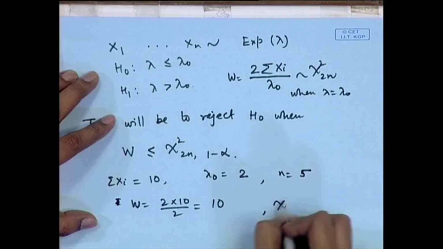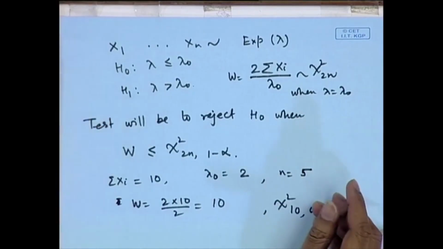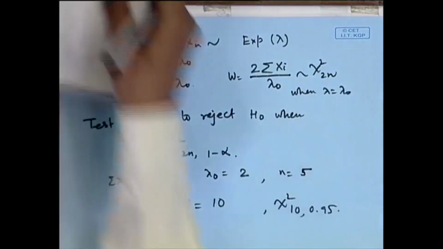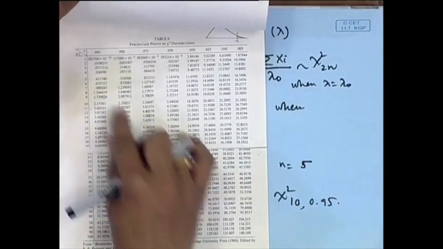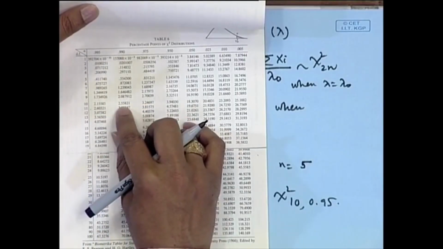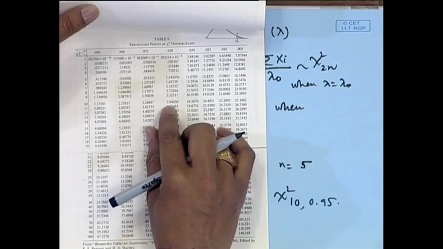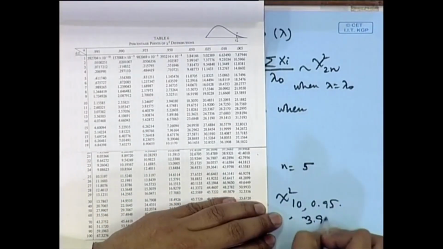Now, if you look at chi square value at 10 degrees of freedom at say 0.95, then from the tables of the chi square distribution, this value turns out to be 3.94.